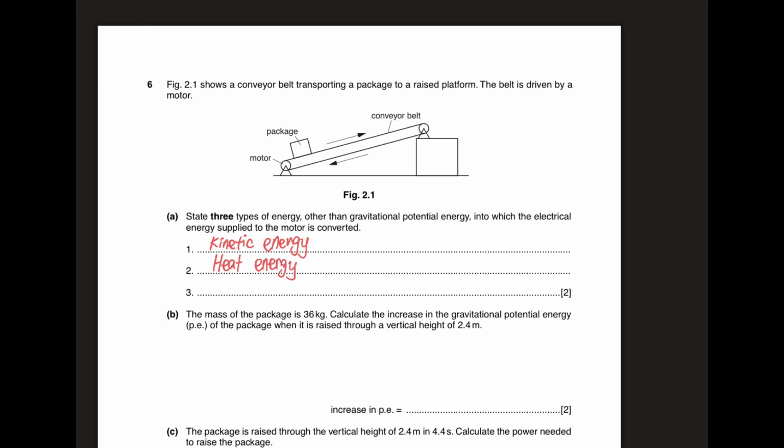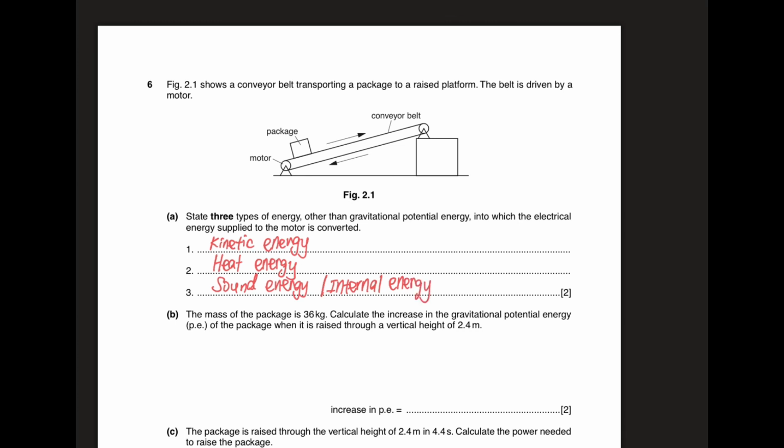And again, you may also put some easier answer like sound energy. For sure you hear sound. If I also put internal energy, yes, which is accepted. Internal energy is another answer.